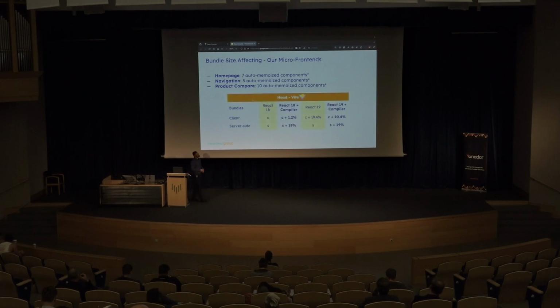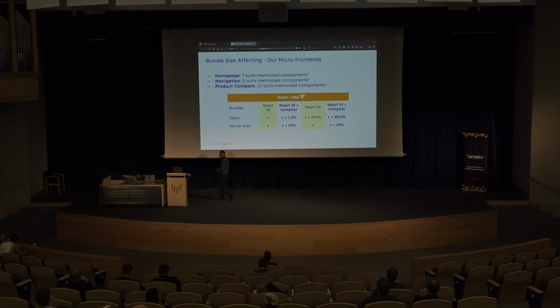And I tried to perform the bundle size benchmark with the Vite dev stack, and we can see, because there is server-side rendering, it's not Next.js, it's a custom stack. So React 18, there is some size. I don't want to publish that, but it's a secret variable, yeah? And with the React compiler, the bundle size increases by 1.2%.